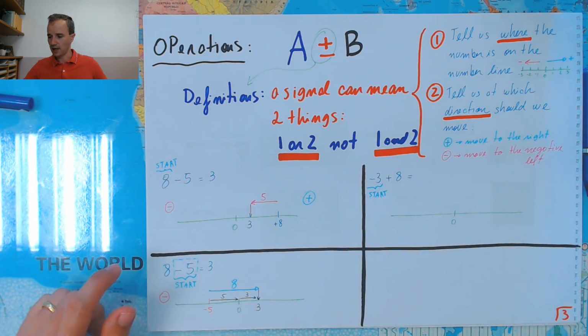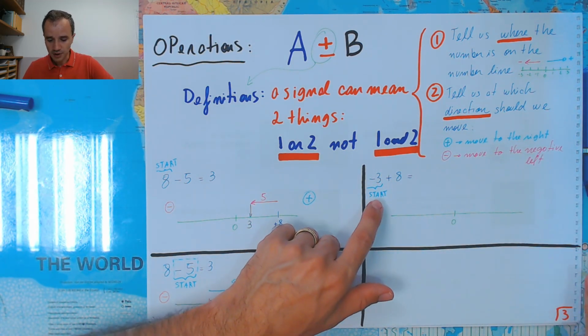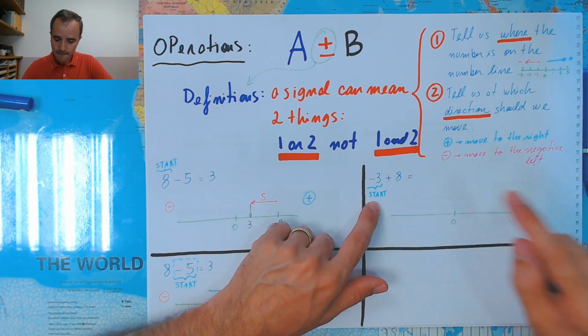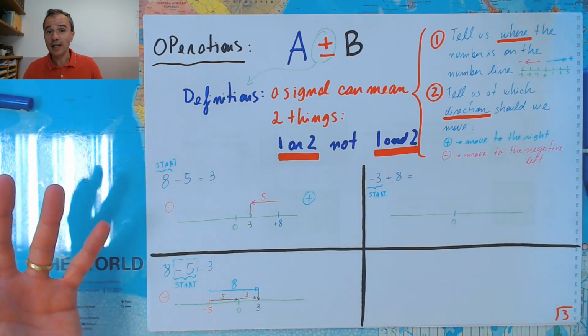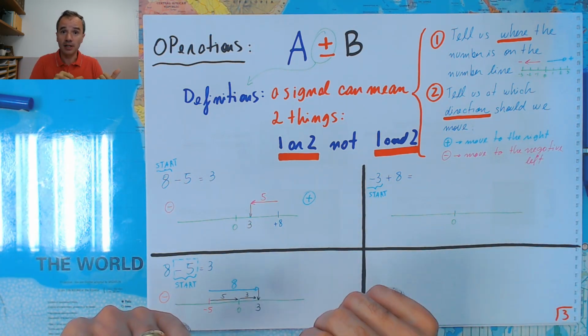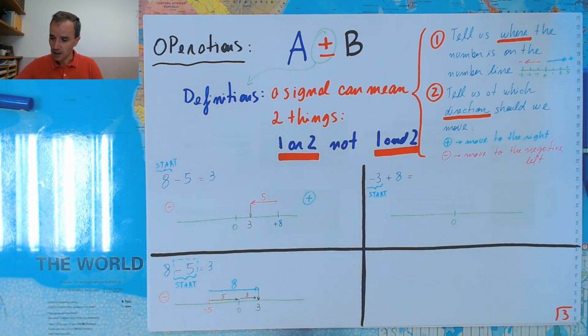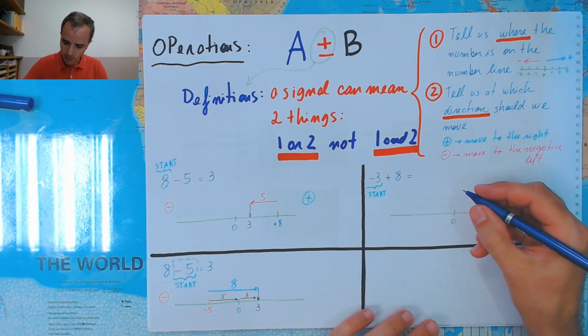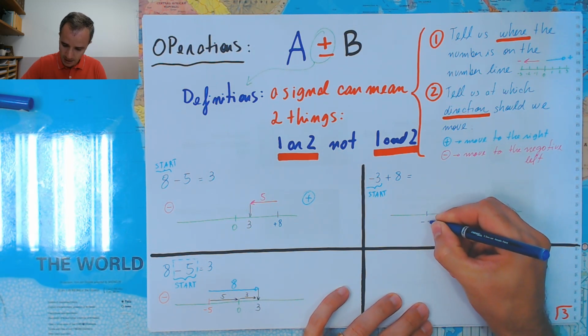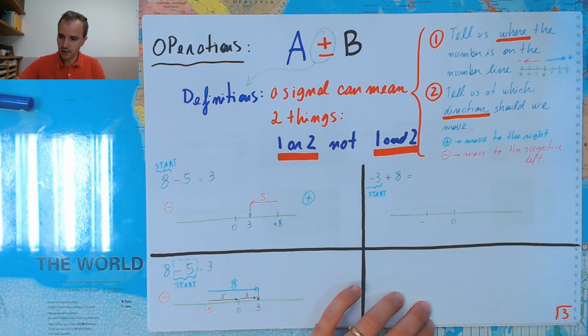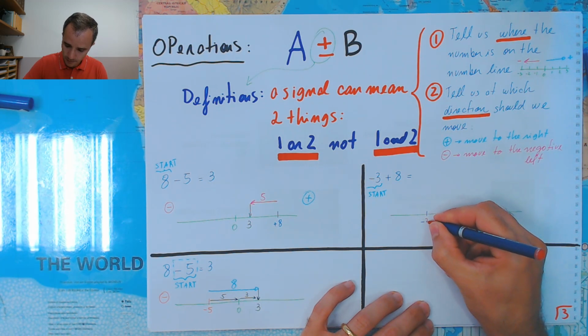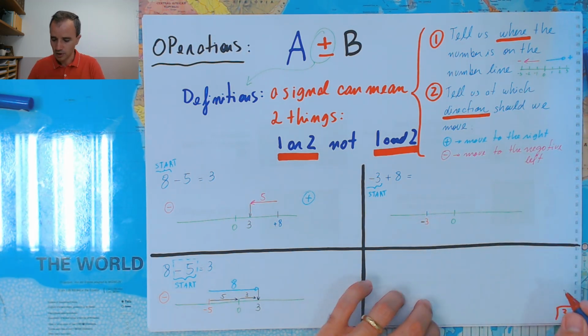Let's have some pattern here. If we start at minus 3, okay, let's just place minus 3. What does that mean? It means that it is on the left, right? Because it's negative. So let's just write negative 3 in here. Oh, I'm using the red one, right? I'm sorry. The negatives, I'm just doing red.